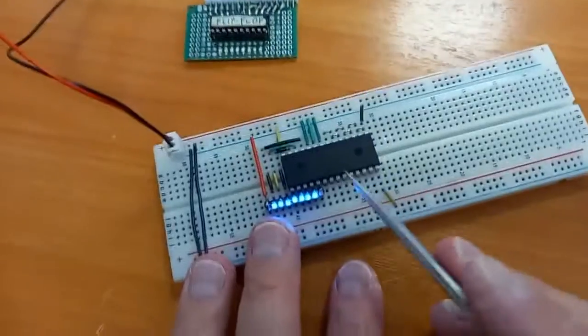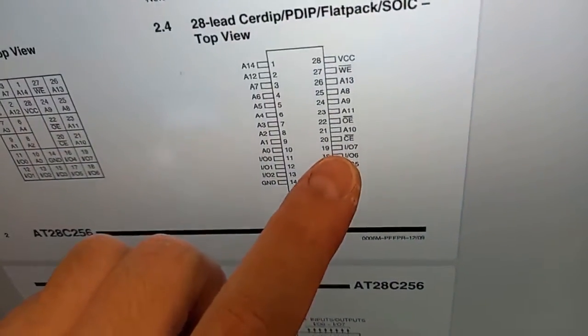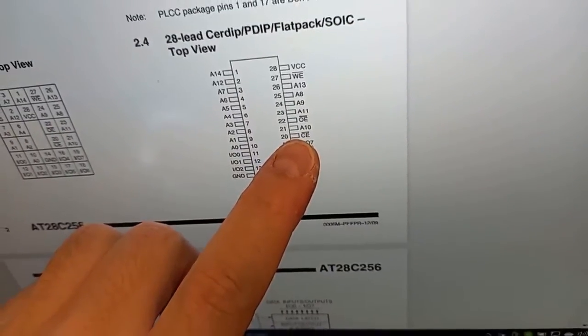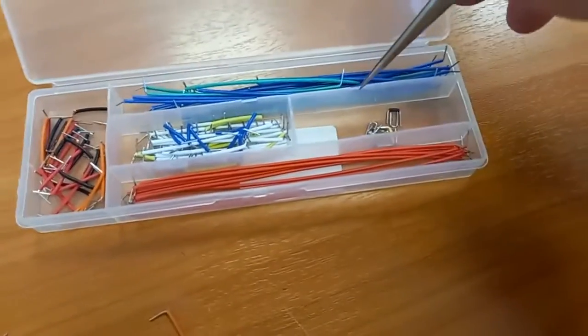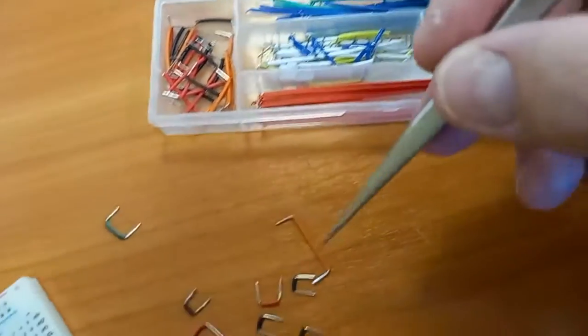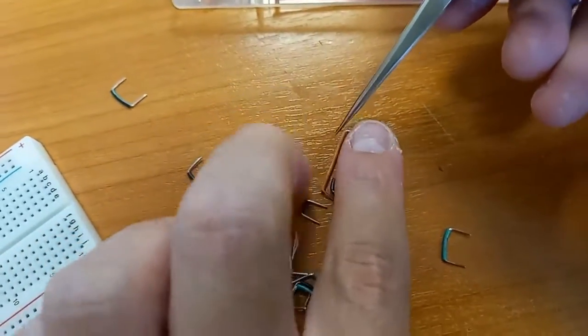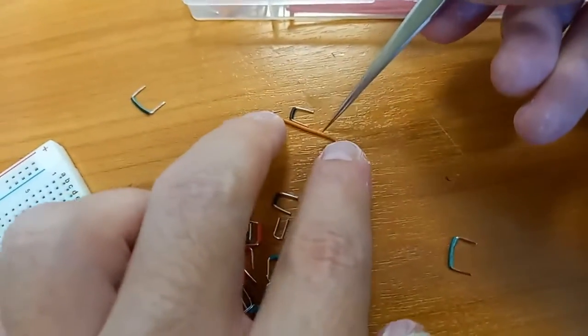So we need to connect all the rest of the legs. We have connected till here. Chip enable we will connect to 0. Chip enable, that's the next pin. We will connect to 0. Using this longer bridge, I think.